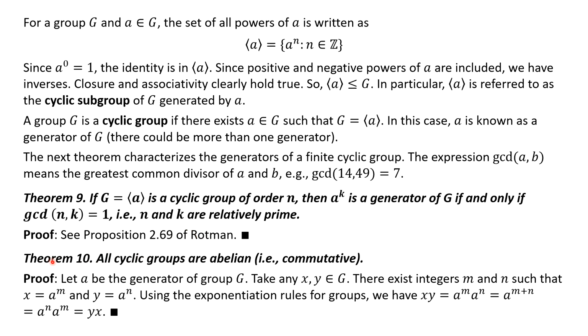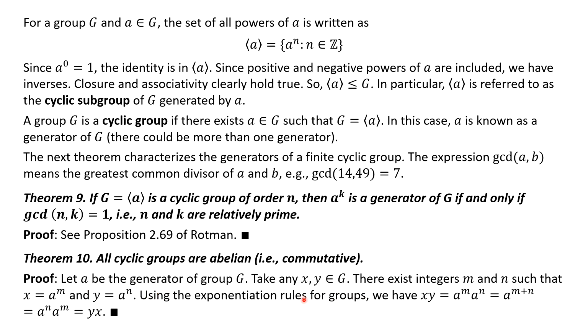Then we have another theorem. All cyclic groups are abelian, i.e. commutative. And we can prove that. Let A be a generator of G. So that's the definition, basically, of a cyclic group, that it has a generator, at least one. And take x and y in G. Then there exist integers m and n, such that x equals A to the m and y equals A to the n.